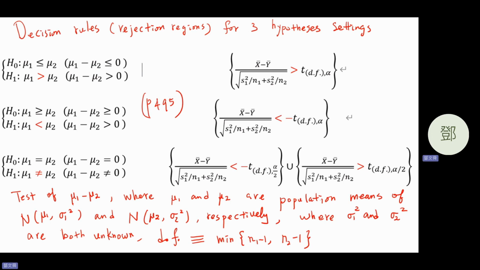And here the degree of freedom is the minimum value of n1 minus 1 and n2 minus 1. Okay? So this is the rejection region for three hypothesis settings, right? Any question? If you don't have any question, then I will proceed. All right.